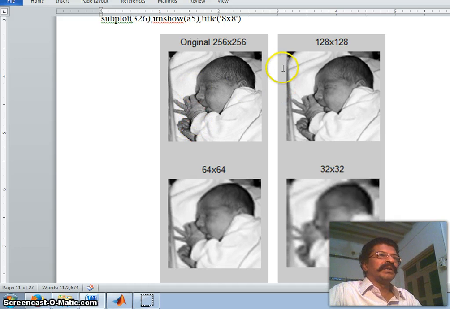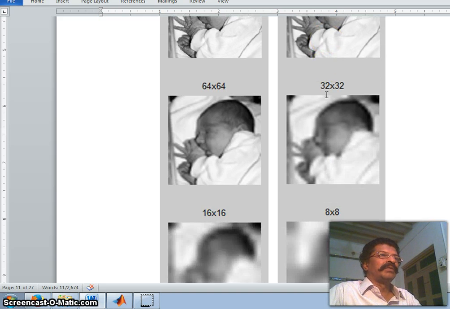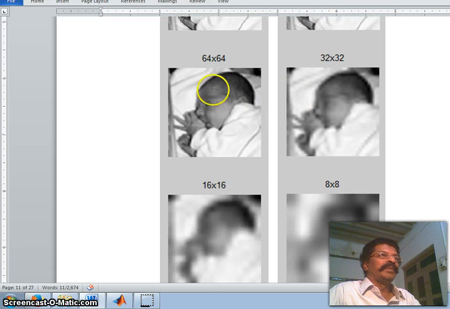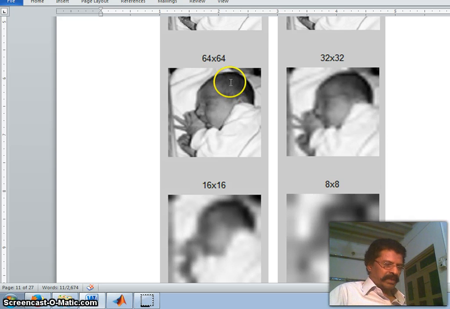For the same picture, if I have 128 by 128 pixels, the quality of the image will decrease a little bit, and the size of the image will also decrease. And if we make the number of pixels 64 by 64, that is horizontally 64 pixels and vertically 64 pixels, this is how the image looks.